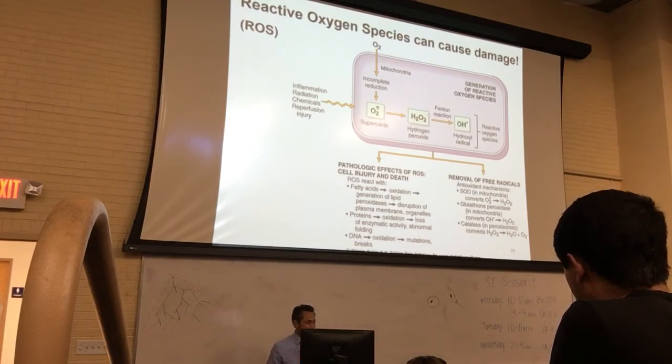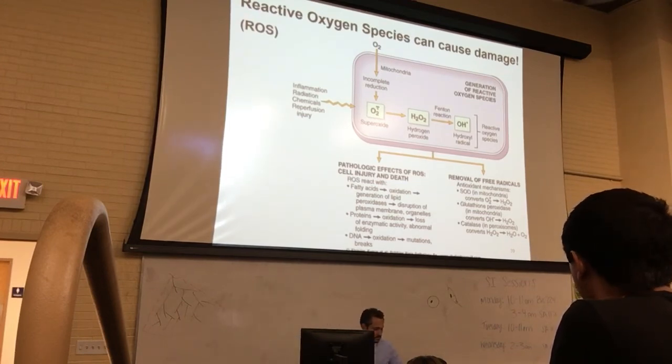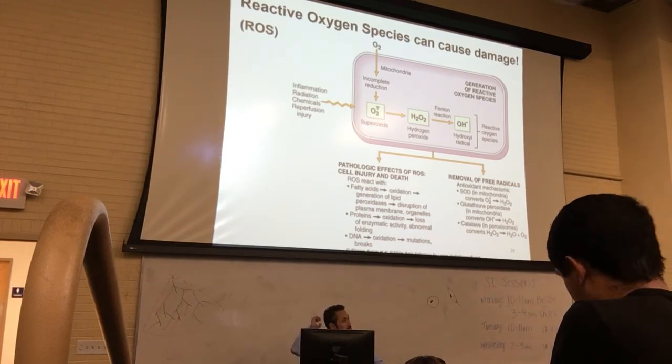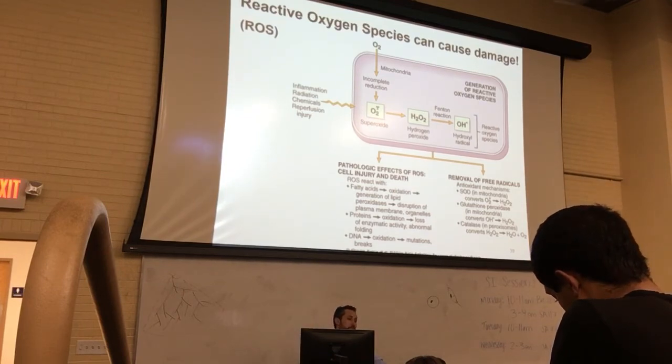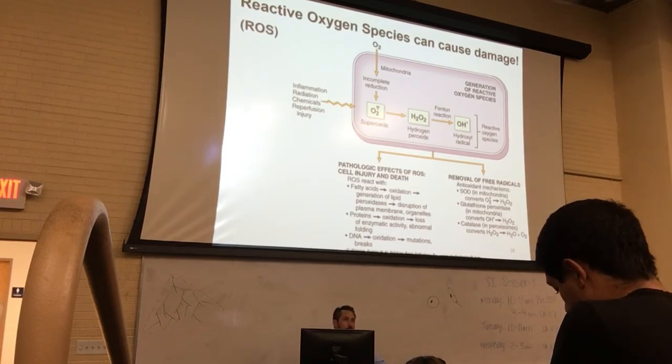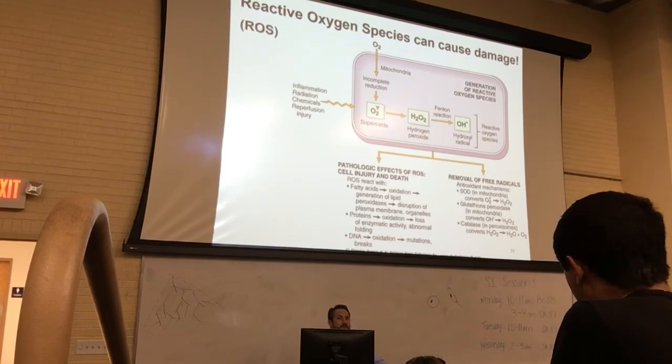Yes, sir? Would they consider oxygen by itself to be a bad compound, because of its role in all this? So yeah, it's a good point. Would oxygen be listed as a bad compound? Well, it's kind of at the top of the slide, right?